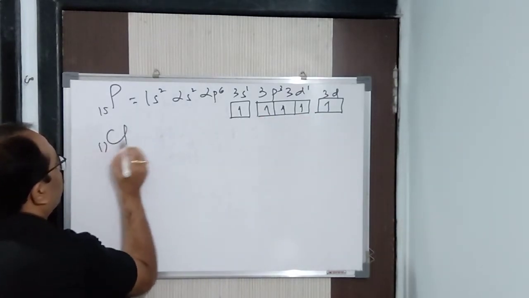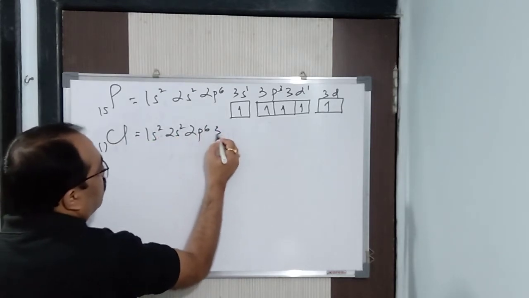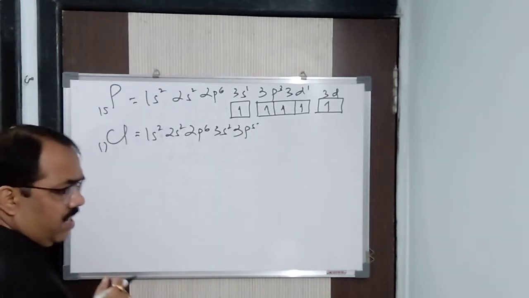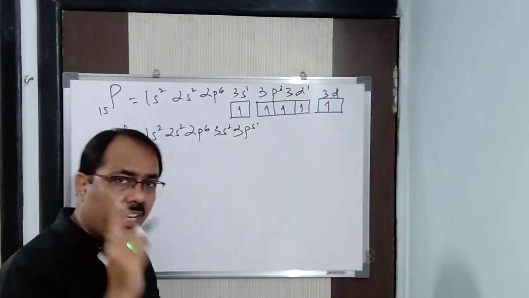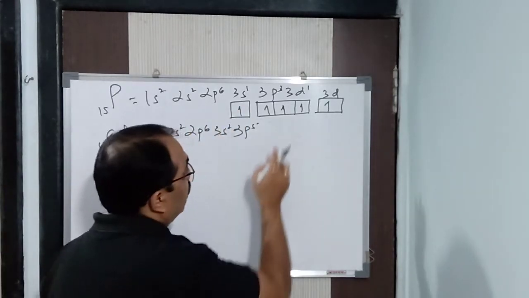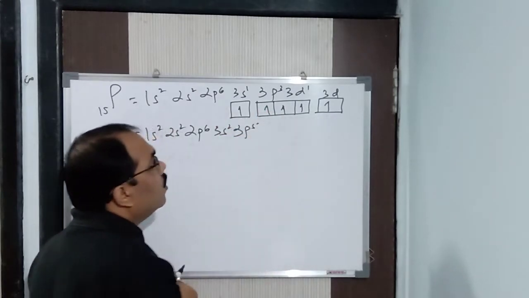Why chlorine? Because atomic number 17 is 1s2, 2s2, 2p6, 3s2, 3p5, so chlorine is deficient by 1 electron. It gets 1 electron from phosphorus, another chlorine gets 1 electron from phosphorus, and in this way 5 chlorine atoms undergo bond formation.